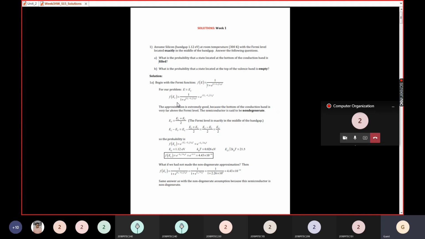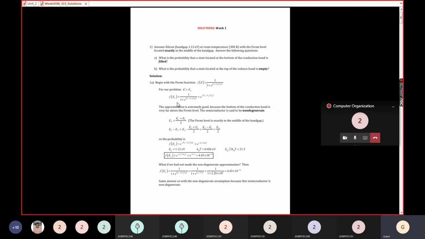That's why you are getting the exponential terms at the top, which is equal to e power minus (EC minus EF) divided by KB into T. Next, we have found all the approximate values. Next thing we have to find is EC minus EF. That's what we are going to find here.